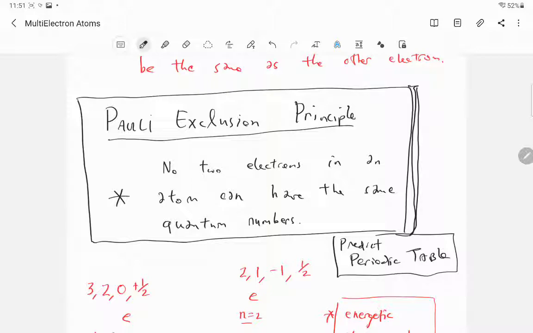So the reason the periodic table of elements looks the way it does, and the reason why the various kinds of atoms participate in chemical reactions the way that they do, is based upon the Pauli Exclusion Principle and the Schrödinger equation, and also this really interesting extra thing called the electron spin.